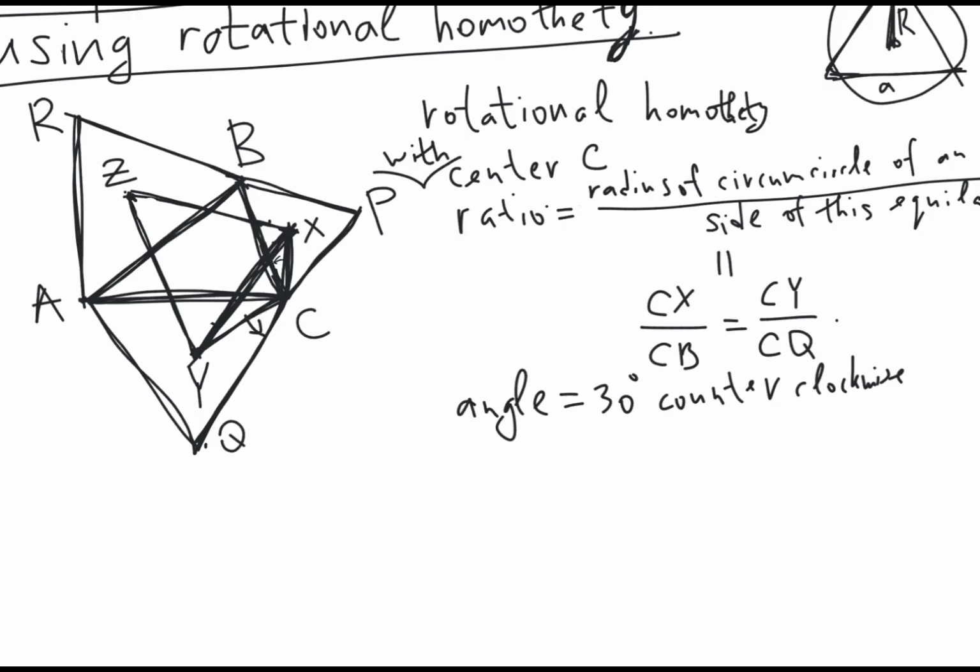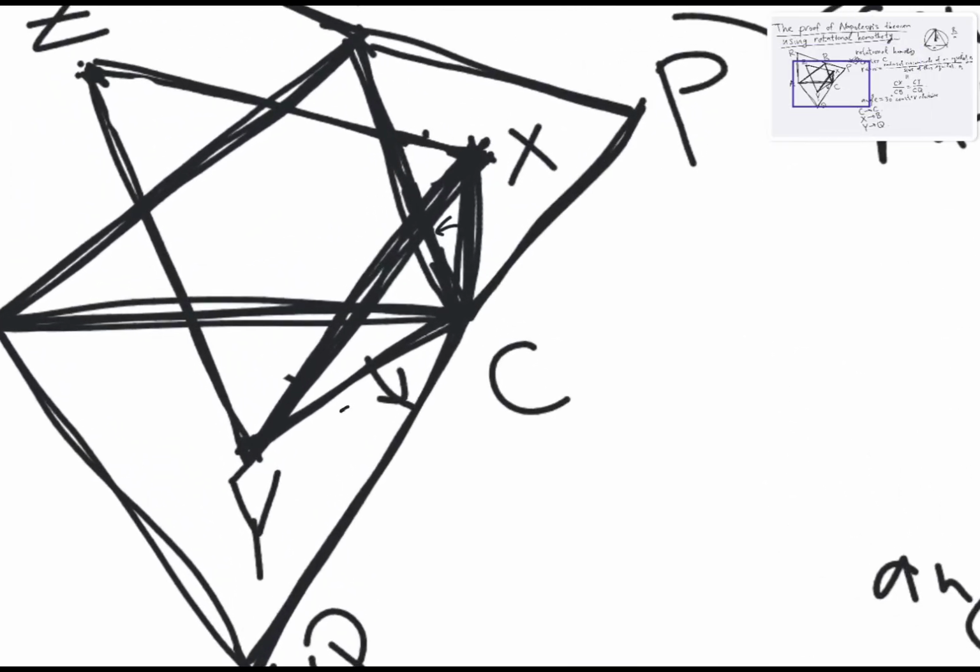Under this rotational homothety, the point C stays in place. The point X is mapped to the point B, and the point Y is mapped to the point Q, because this angle is 30 degrees, of course.